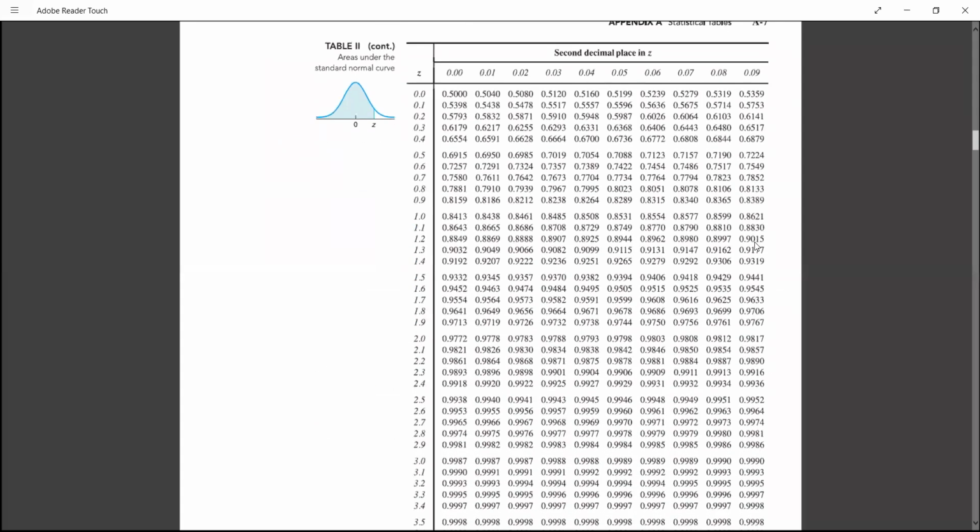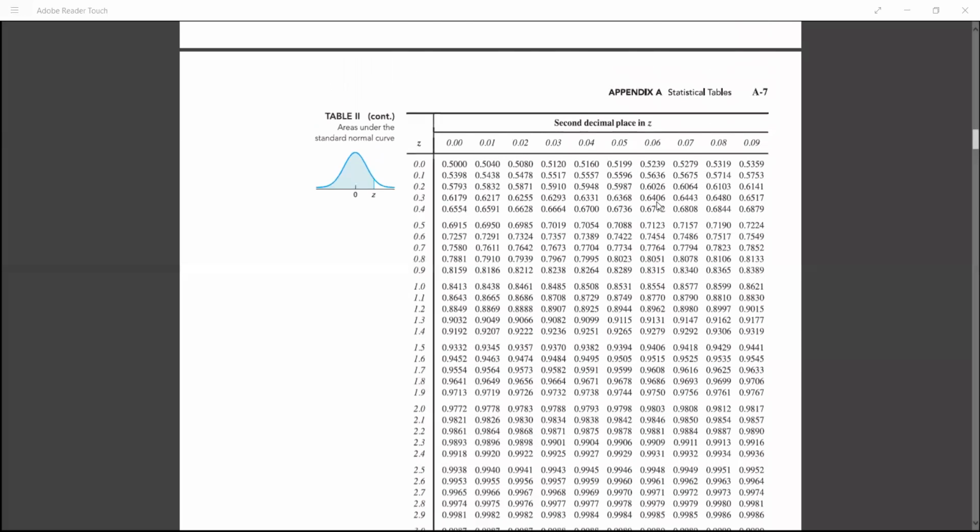In the table, 1.34 is represented with 1.3 in the row and 0.04 in the column, so the first value is 0.9099. The second value is for minus 0.536.